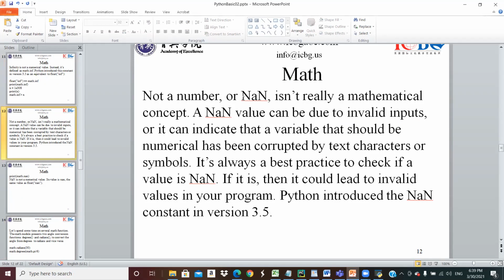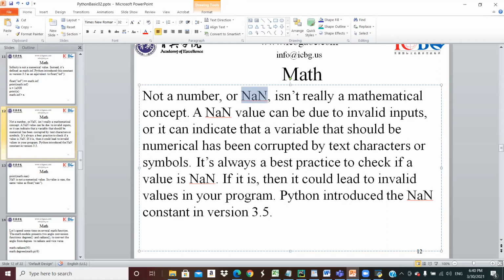Not a number. If you do math, you may need to handle that something is not a number. How do you handle it? You use NaN to handle it. And this is also introduced in Python 3.5. Let me just go quickly.